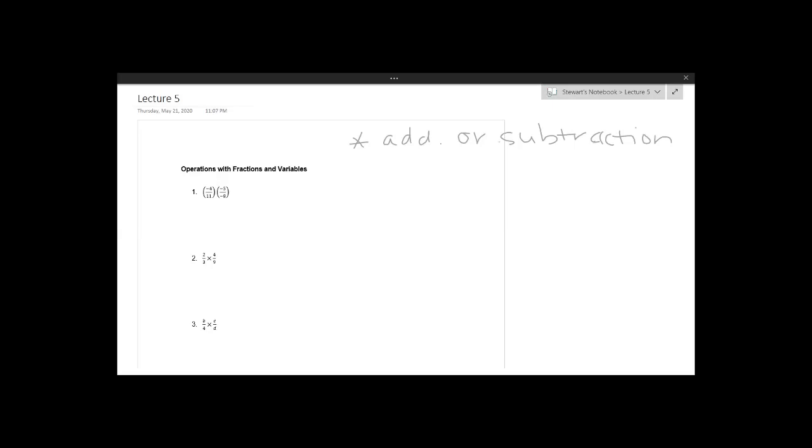So in general, when you are adding or subtracting fractions, I'm going to talk about plus or minus. That means you either add or subtract, because it's going to end up being the same process either way.